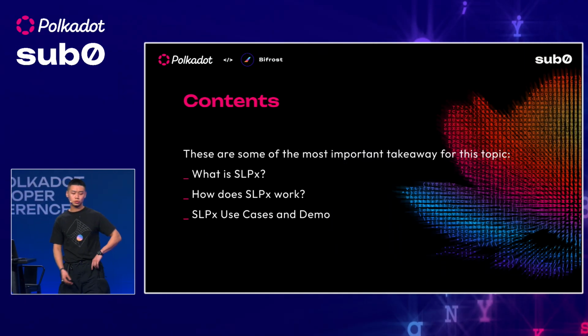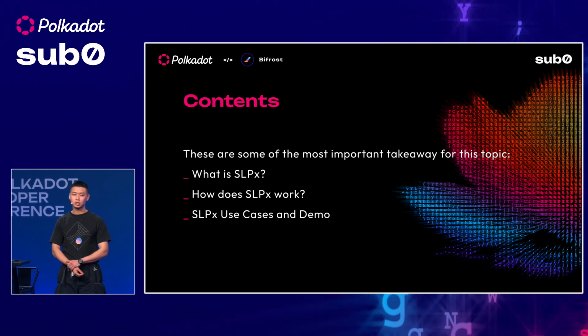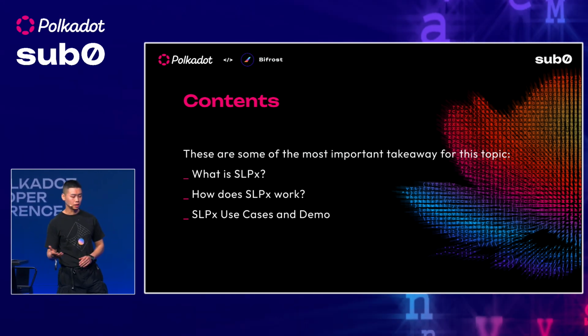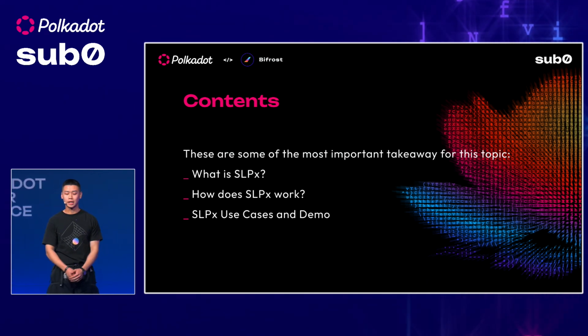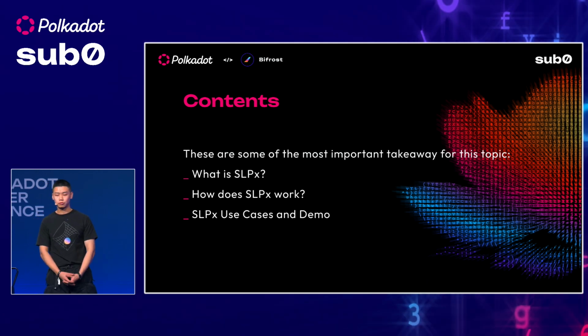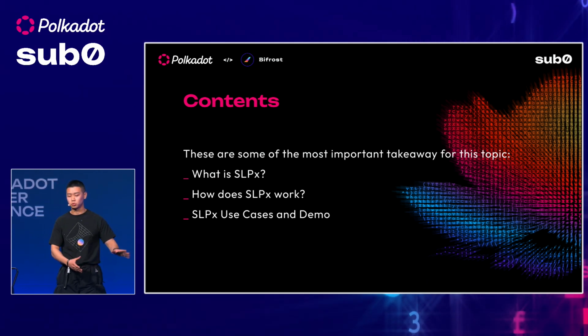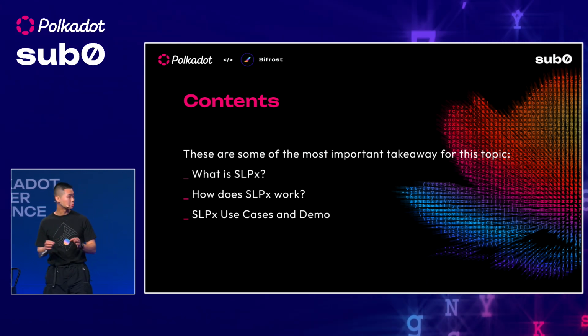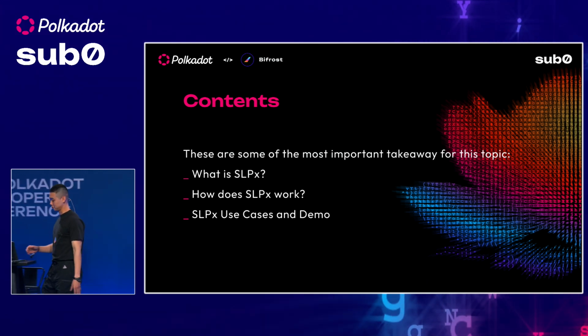First, I will give you some principles and context about what liquid staking is, and what the staking liquidity protocol for cross-chain, SLPx, is, and how it works. I will explain it to you. The final part is the use cases and some demos. We have a surprise for you at the end, so please don't leave early.